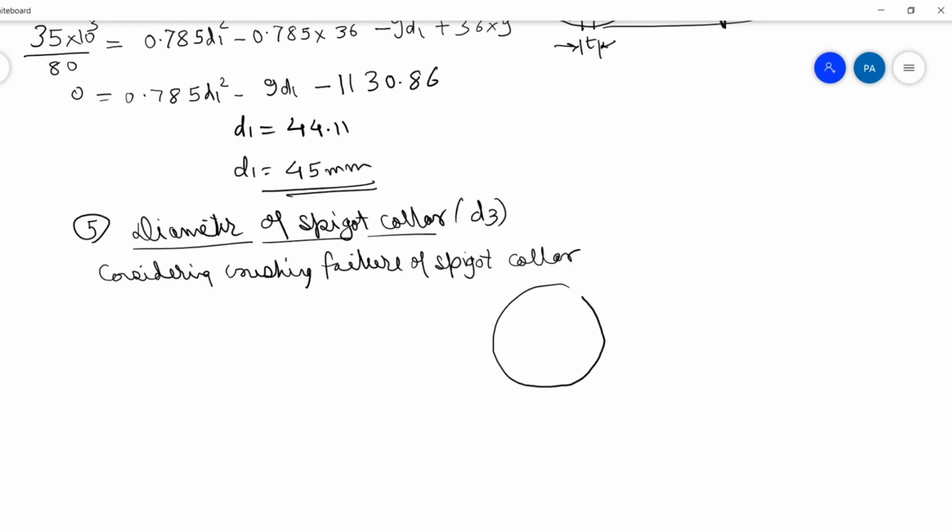So definitely you will get that within. This is D3 and this is D2.